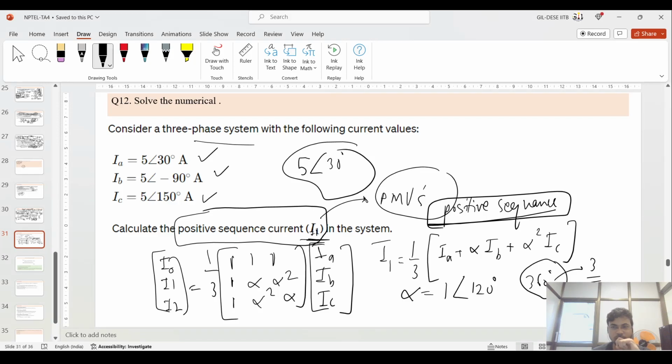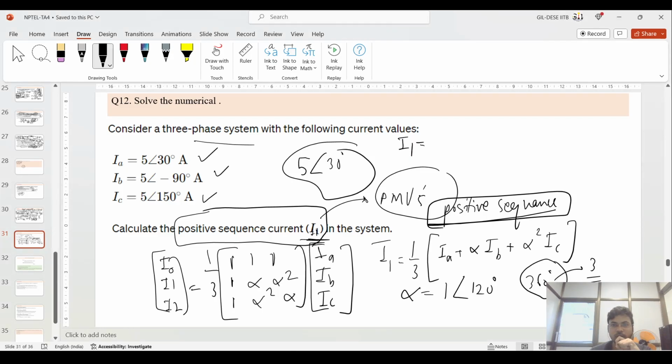Okay. Thank you Pratik. Thank you Deepa. Anybody else? Anybody else who wants to go with this answer? Just feed it in your calculator. You can get the answer. Okay. Dhanni is also saying 5 angle 30 degrees.